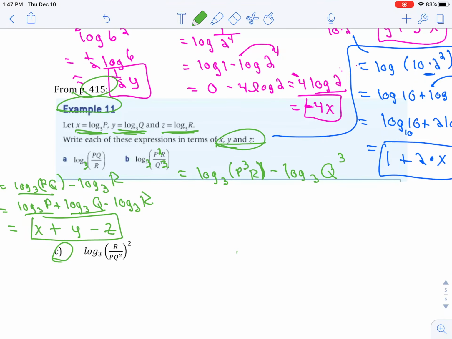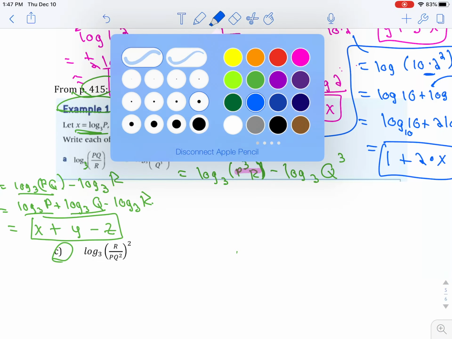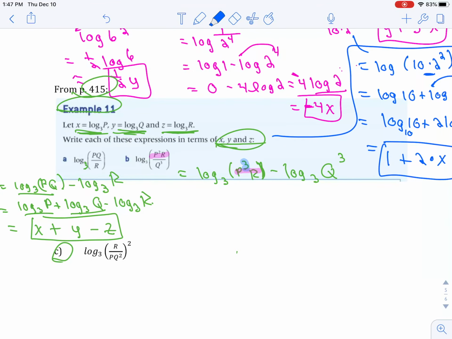I did a bad job of writing this here. The first one is just the log of the numerator, that's what you see here, and that should be squared, by the way. I will get this fixed. There we go. And then minus the log of the denominator.